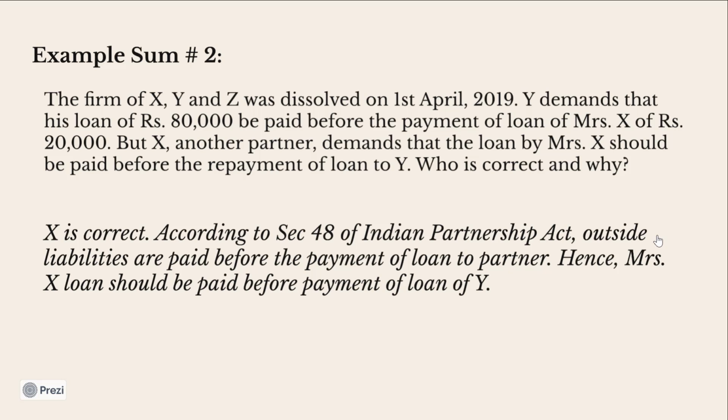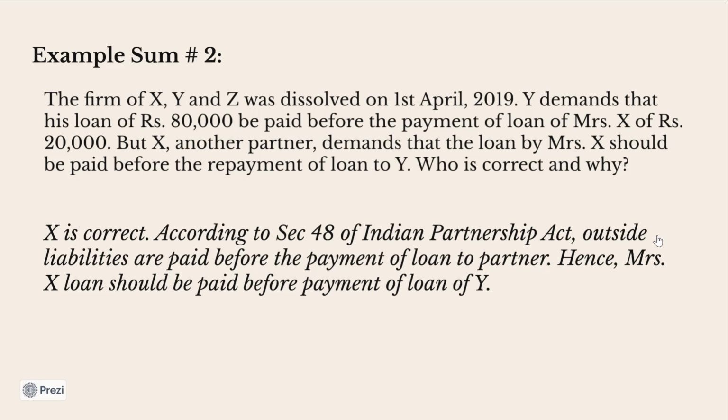Now, X, Y and Z are partners in the firm. Y has advanced a loan of rupees 80,000 and Mrs. X has advanced a loan of rupees 20,000 to the firm. The liability towards Mrs. X is a third party liability. So, outsiders' liabilities have to be settled before the partner's loan can be repaid.